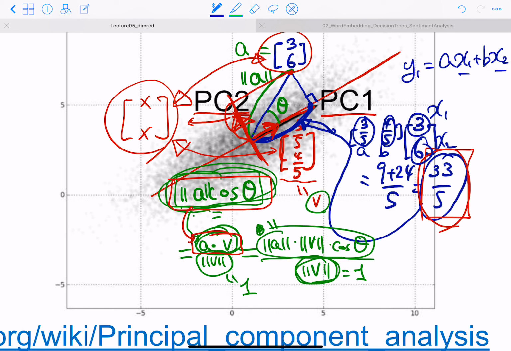So performing the inner product to obtain this orthogonal projection is basically a linear combination of the original features. That way PCA falls into the category of linear dimension reduction methods.